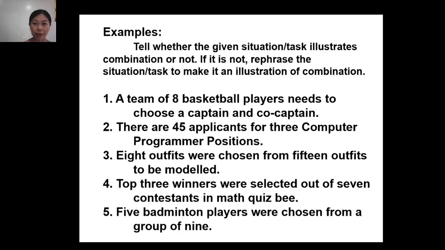Okay? So this is how to illustrate the combination of an object. If the order of arrangement is not important, then the given situation, problem, or task is a combination. So it's a matter of selecting, it's a matter of forming without considering the arrangement. You are going to select, you are going to choose in any order, meaning the given situation or task is a combination.